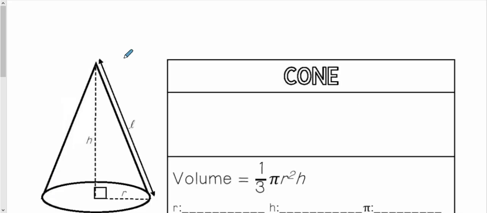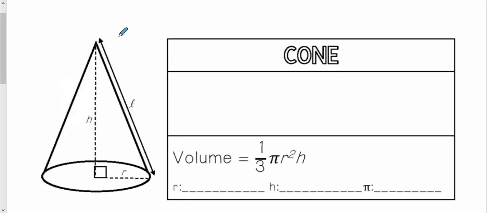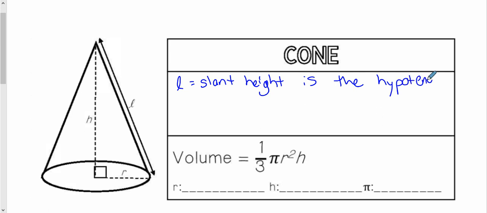So let's look at some cones. This diagram very clearly shows that the slant height, L, is still slant height, is the hypotenuse. It's very much like a pyramid. The volume formula is very similar.